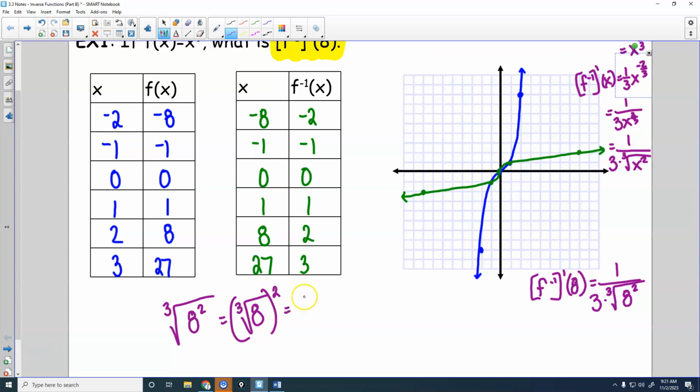And what is the cube root of 8? 2. 2 squared is 4. So 1/3 times 4, and we get 1/12.